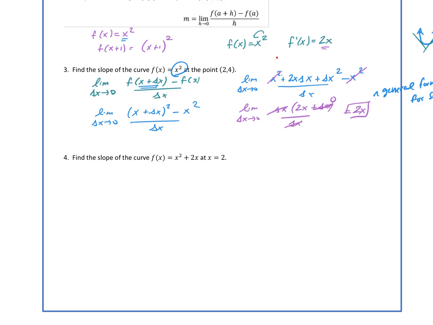One more time. After this, no more fun formula. Shortcut, f prime of x is 2x plus 2. So hopefully when we're done, we get 2x plus 2. So the limit as delta x goes to 0 of f of x plus delta x minus f of x all over delta x.